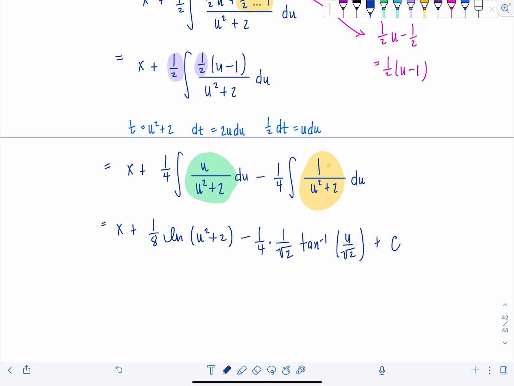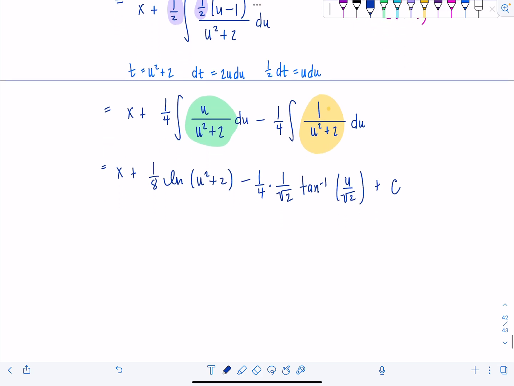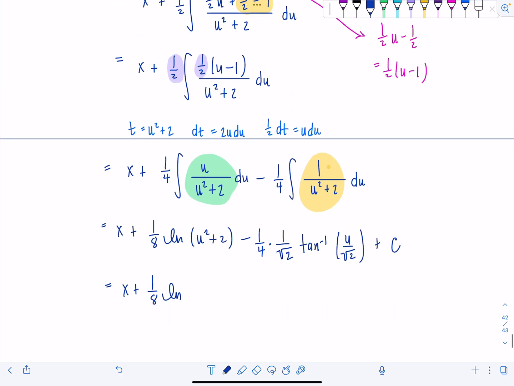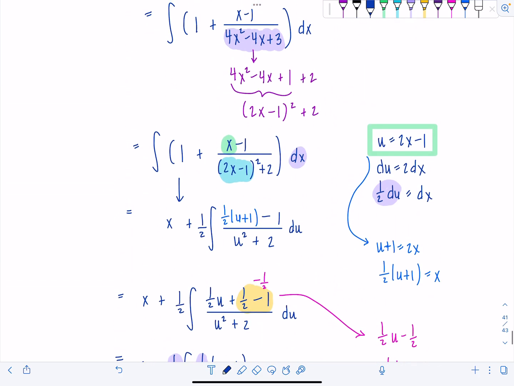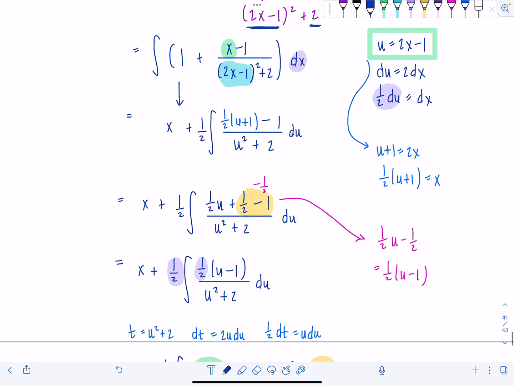All right, then cleaning things up because we need to rewrite our original variable into our final answer. So we've got x plus 1/8 natural log u squared plus 2. You know why that seems familiar? Because before we completed the square, this was u squared plus 2, which we had as 4x squared minus 4x plus 3.